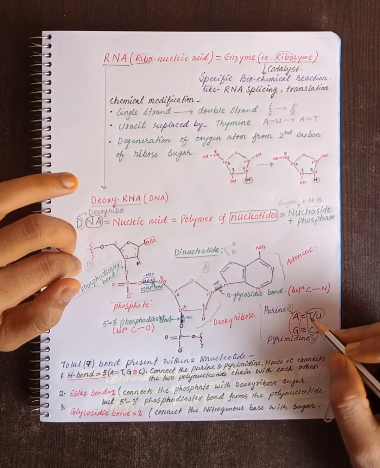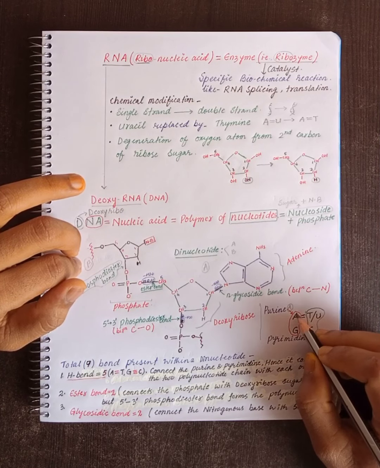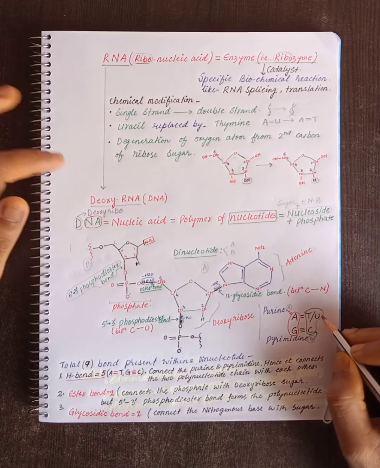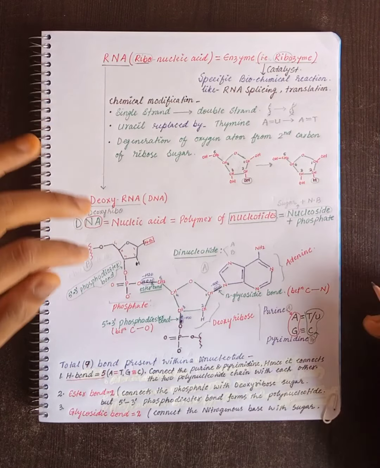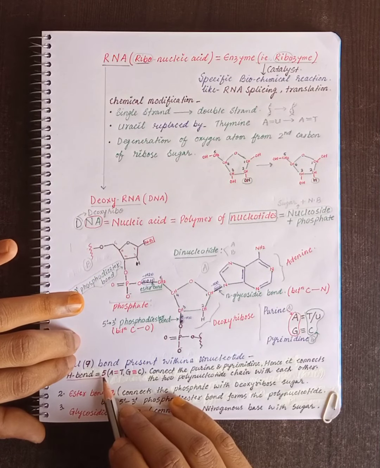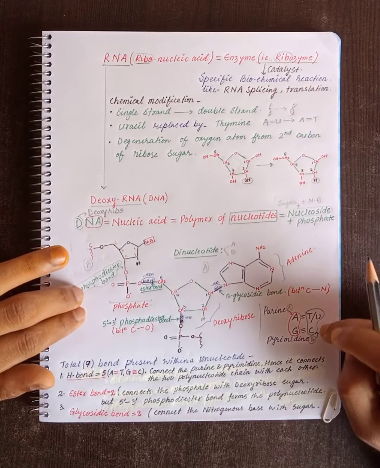Suppose this one is purine, A adenine, which double bonds with thymine, or uracil in case of RNA. So the total hydrogen bonds will be 5, and these hydrogen bonds connect the purine and pyrimidine.